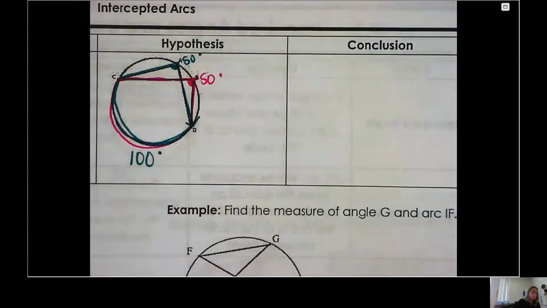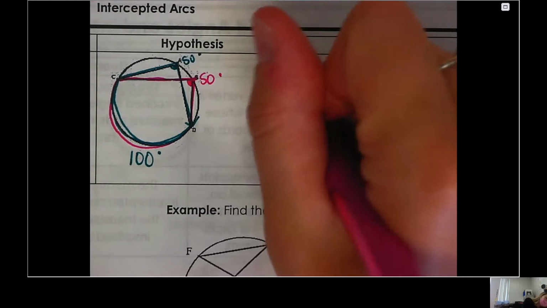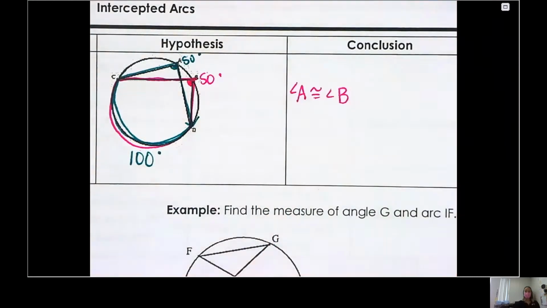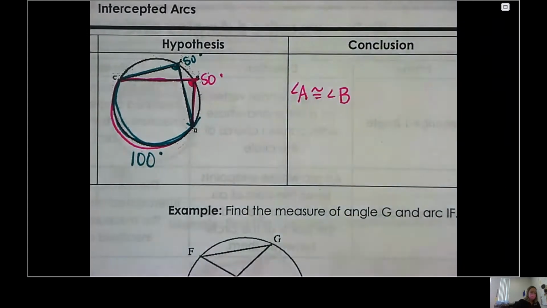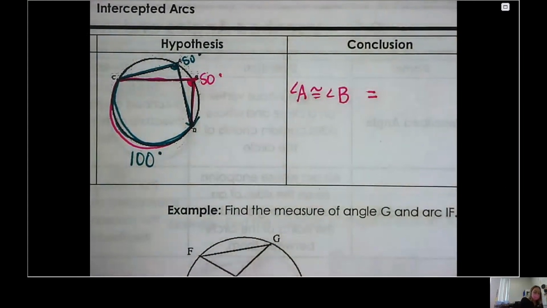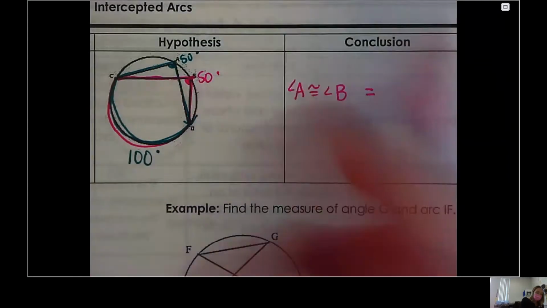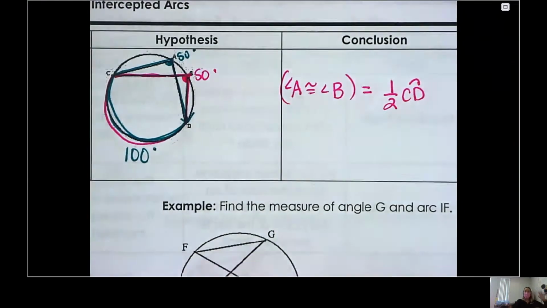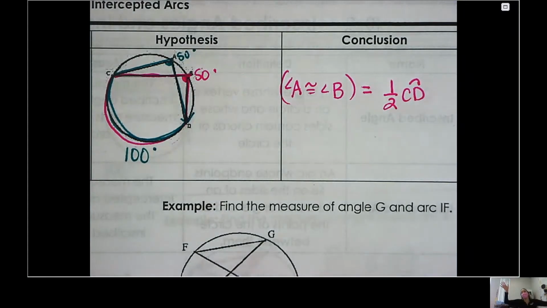Angle A and angle B are congruent, and those are equal to half of arc CD. Put that kind of in parentheses. So angle A and angle B are congruent, and they're both equal to half of arc CD. They're exactly the same because they open up to the same spot.